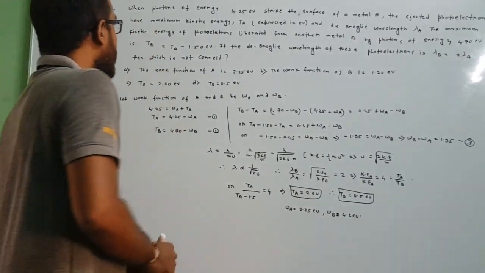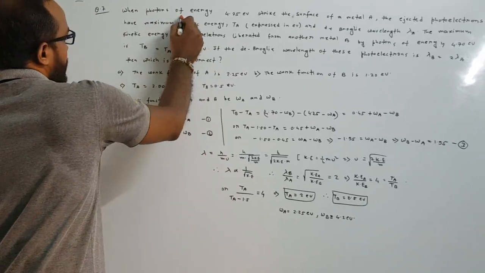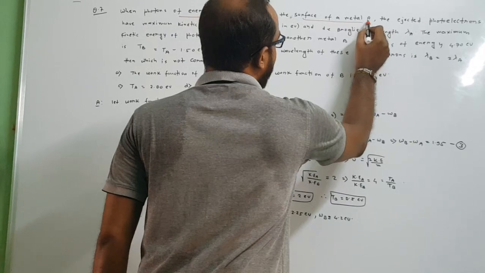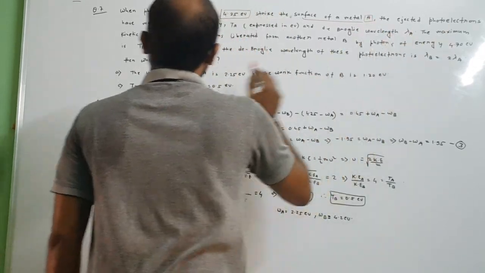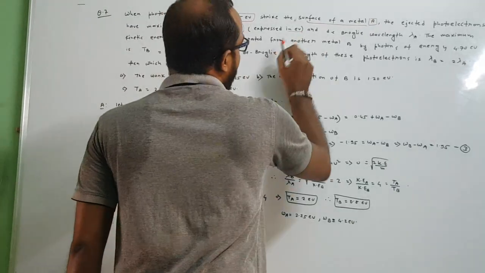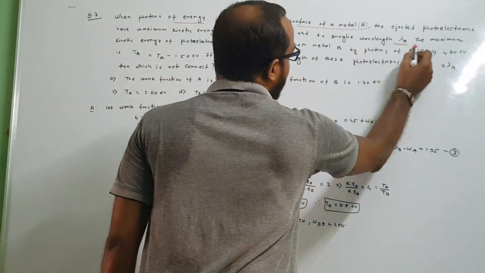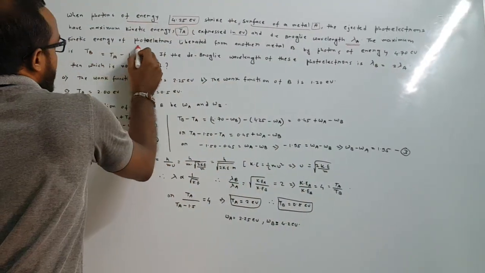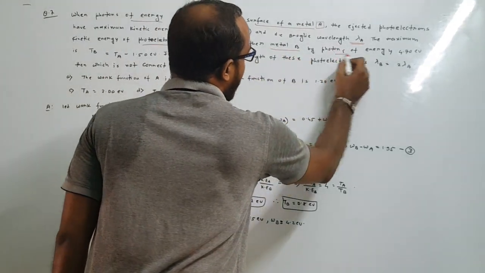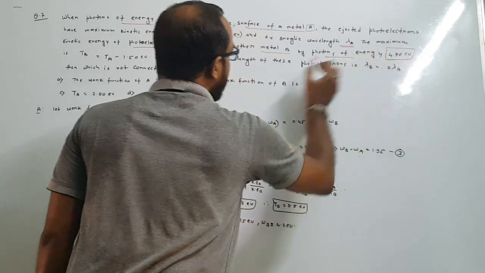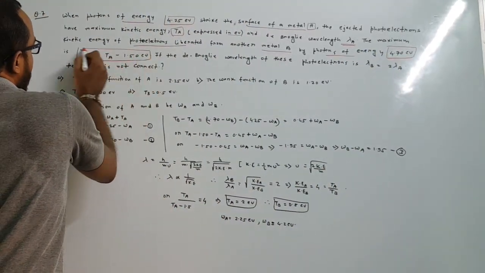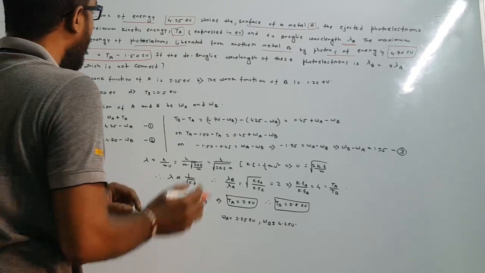So let us see another question. When photons of energy 4.25 electron volt strike the surface of a metal A, the ejected photoelectrons have maximum kinetic energy TA in electron volt and de Broglie wavelength lambda A. The maximum kinetic energy of photoelectrons liberated from another metal surface B by photons of energy 4.70 electron volts is given by the relation TB equals TA minus 1.50 electron volt.